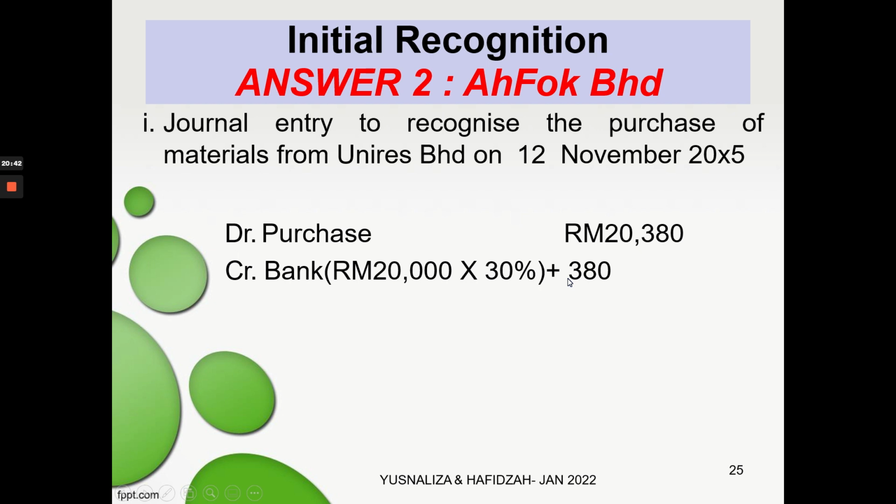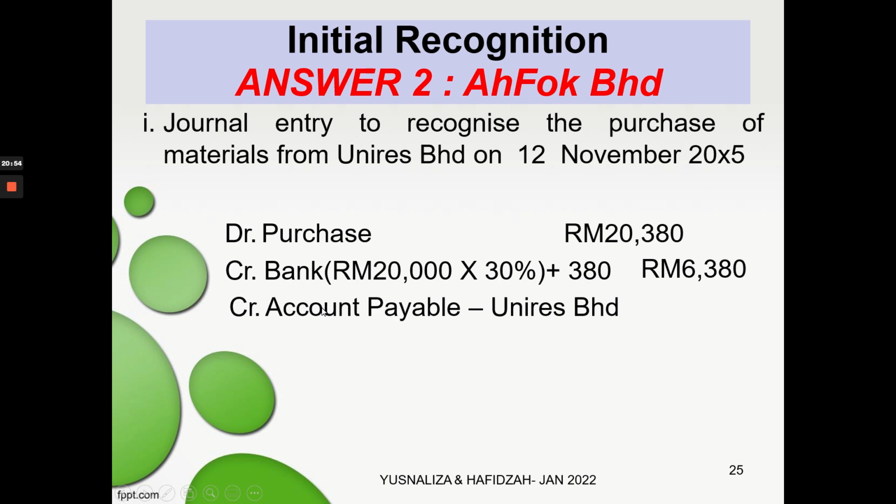That one would be for the cash purchase. 30% was paid immediately, 380 is the transportation cost, and next is the one on credit, the remaining amount: 20,380 minus 6,380, so 14,000 is the 70% from 20,000.